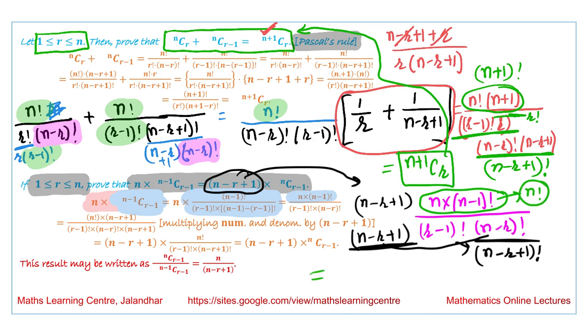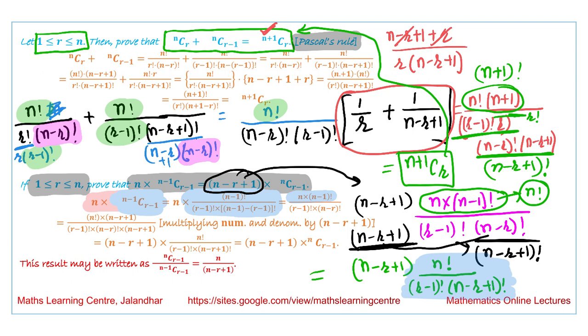So the answer is equal to (n minus r plus 1) into n factorial, divided by (r minus 1) factorial into (n minus r plus 1) factorial.